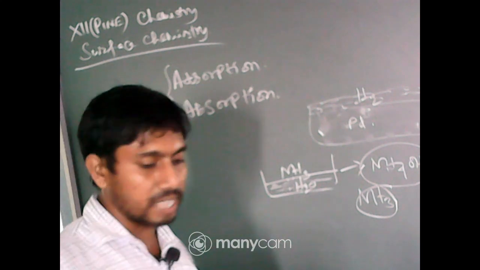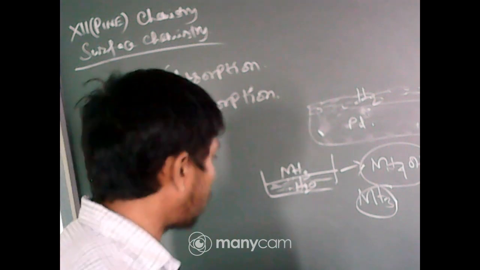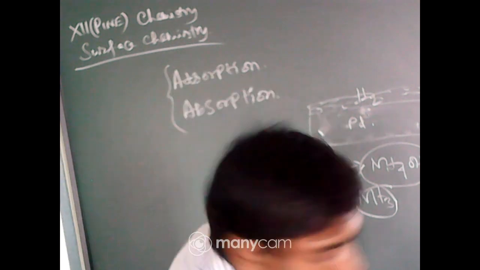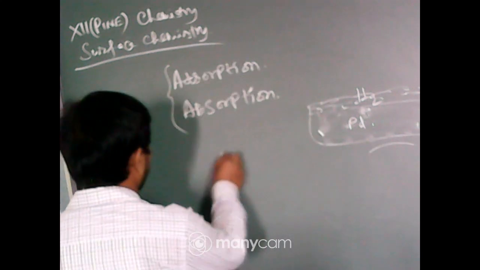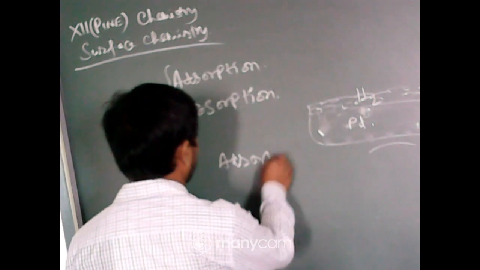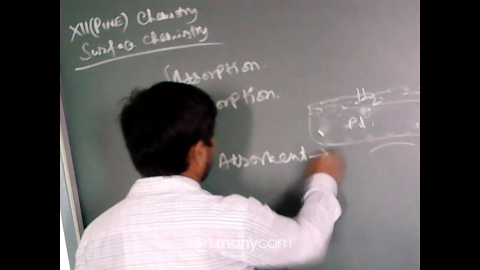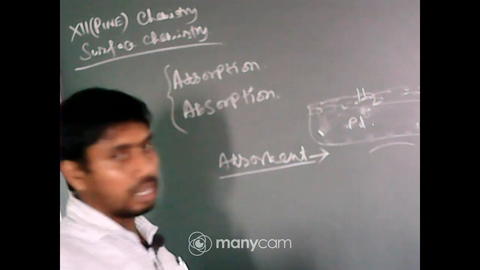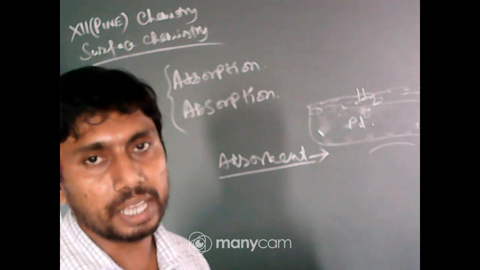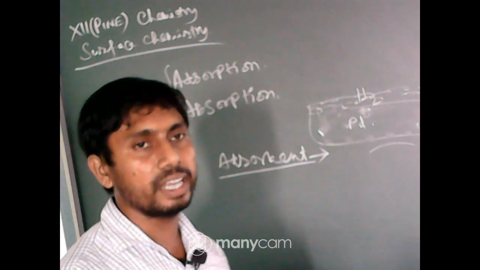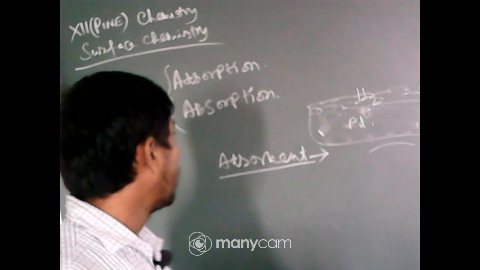Now, the next point is adsorbent and adsorbate. Adsorbent: the substance which makes bonds with the external species is called the adsorbent.